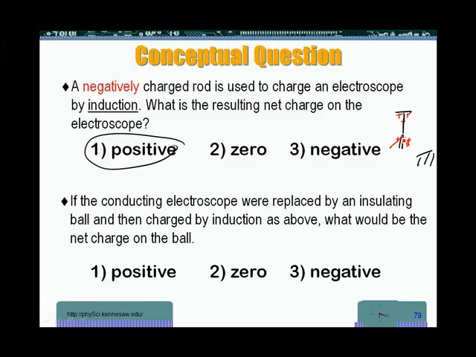Okay, let's see this next question. If the conducting electroscope were replaced by an insulating ball and then charged by induction as above, what would be the net charge on the ball?